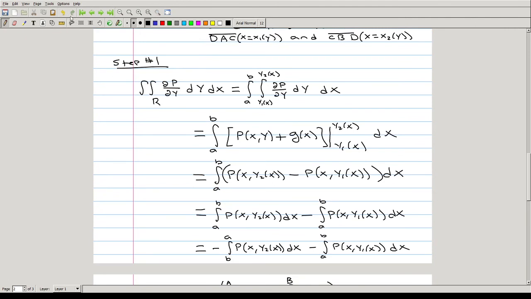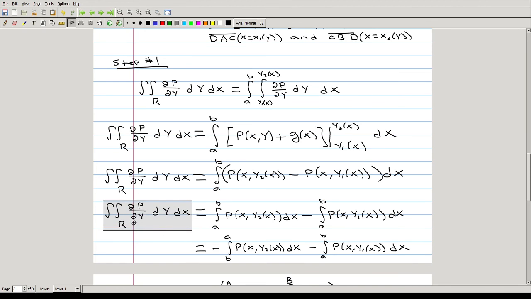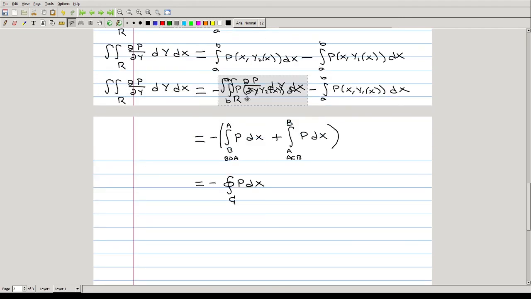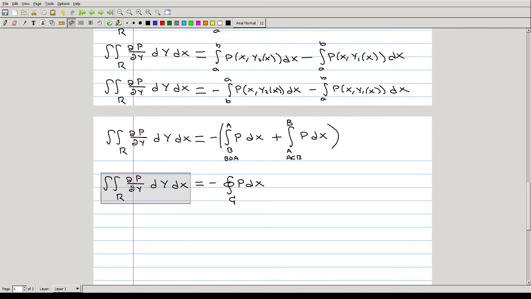And so what we've shown is that whenever the conditions of Green's theorem are met for a standard region or simplified region, we have that the double integral of the partial derivative of any function p is the closed line integral around the boundary times -1. So negative the closed line integral around the boundary.